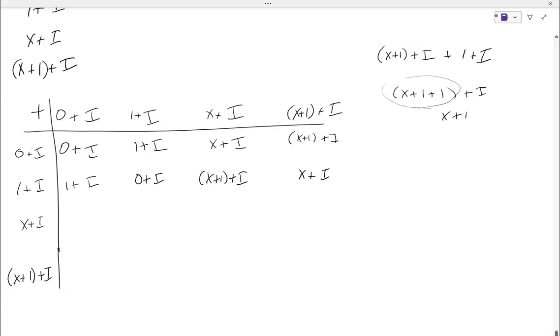So that's why that's just the x plus I. So going on with the rest of the table, when you do x plus I plus x plus I, what do you get? 0 plus I. Yeah, you get 0 plus I, because the x plus the x would give you 2x, but 2 is the same thing as 0. So that's why that one's going to be 0 plus I.